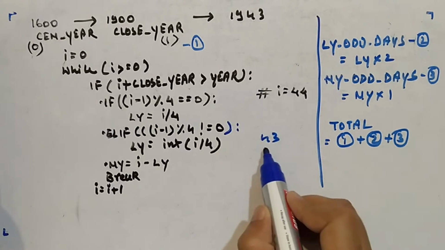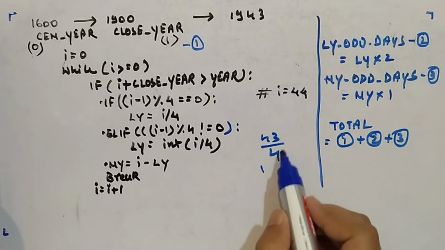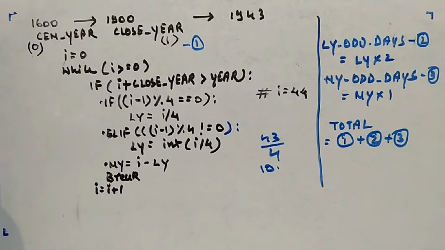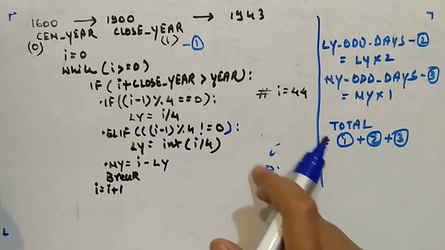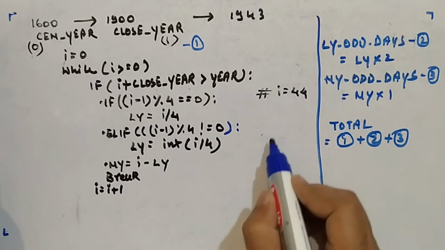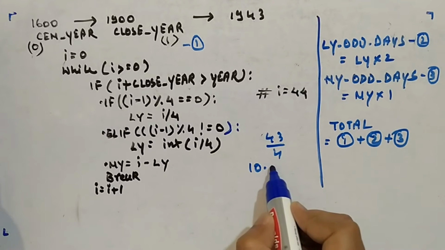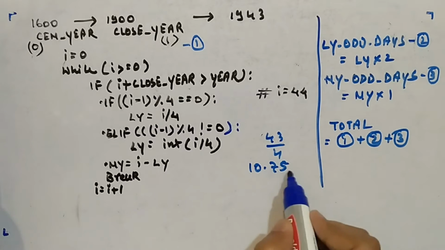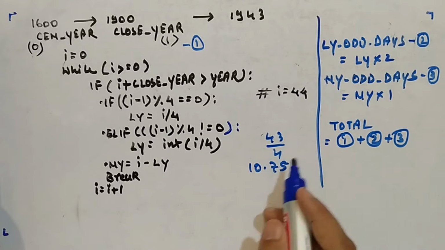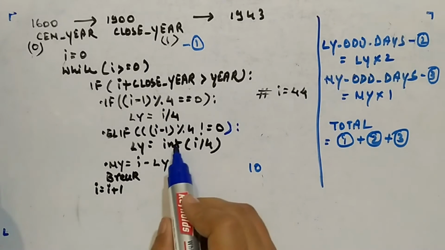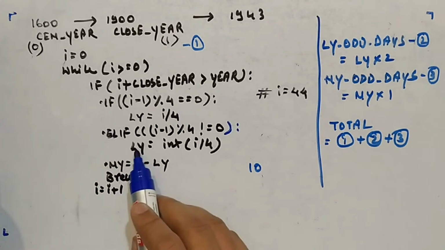So what is 43 divided by 4? It is 10.75. This is the value when you divide. It will take only the integer part, so 10 will be stored in leap year.